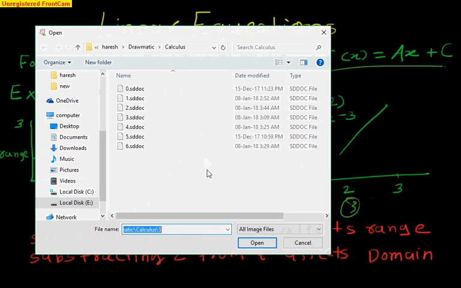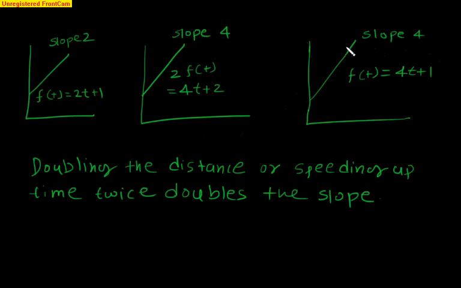Now similarly, just see the same function here. I have multiplied it by 2. It will directly affect the range and also the slope of the graph.